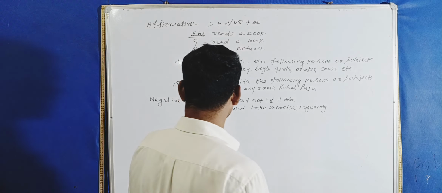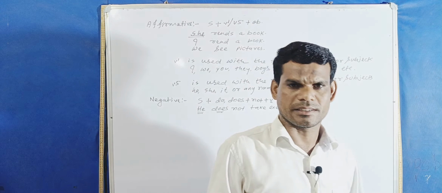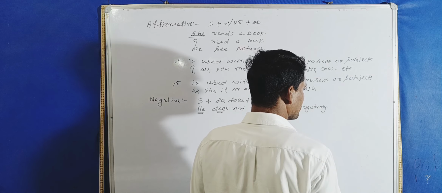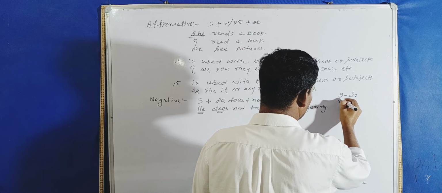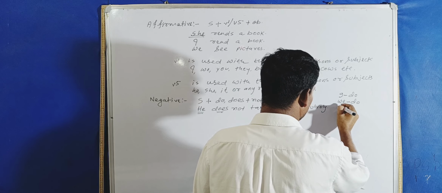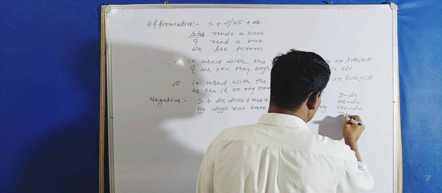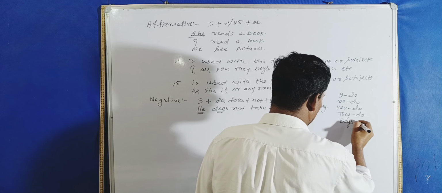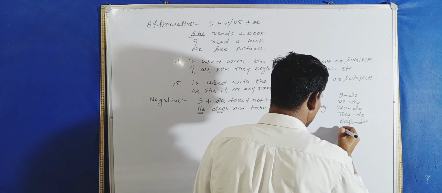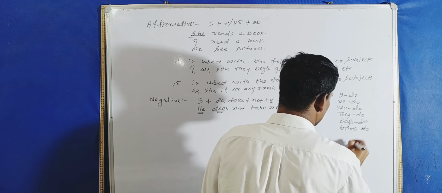We also need to understand where we use do and where we use does. Here, in the singular, I do, we do, you do, they do, and other third person plural numbers like the boys, the girls do.